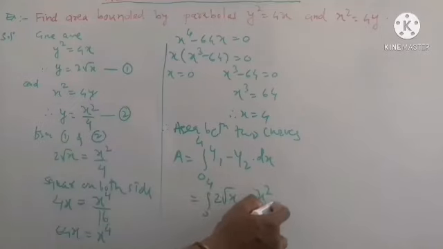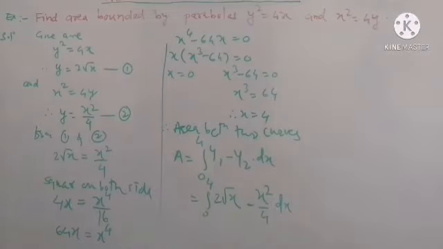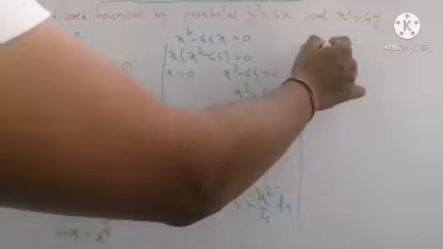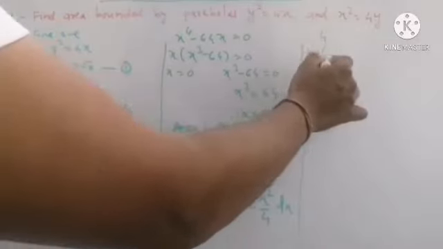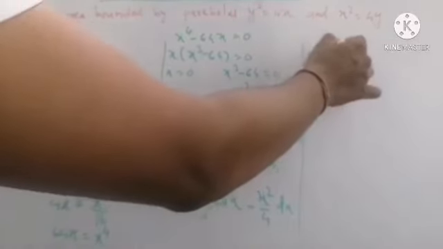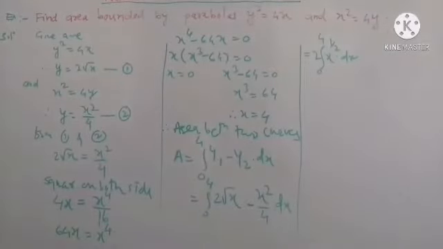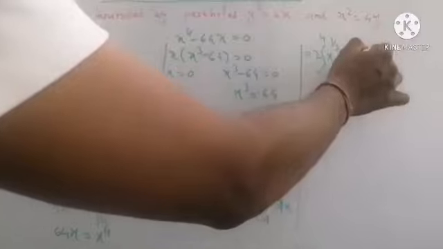So we take the integration of the subtraction separately. In the first term, 2 is a constant, so it goes outside the integral, and root x is written as x raised to half, as we know we write the radical sign in index form.